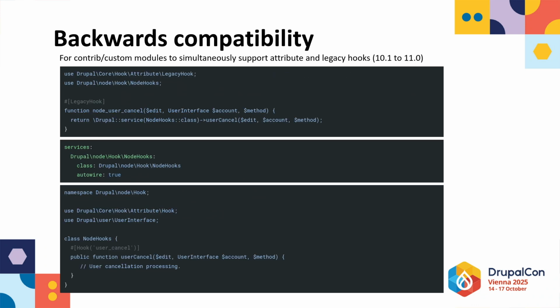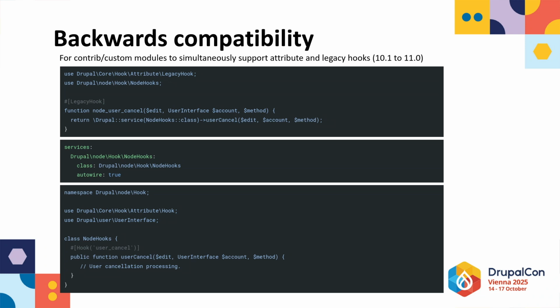If you are supporting a site pre-Drupal 11, anyone still doing stuff like that? Or if you're a contrib module author and you still want to support versions before that, but you want to use the new stuff, you can use the legacy hook attribute.